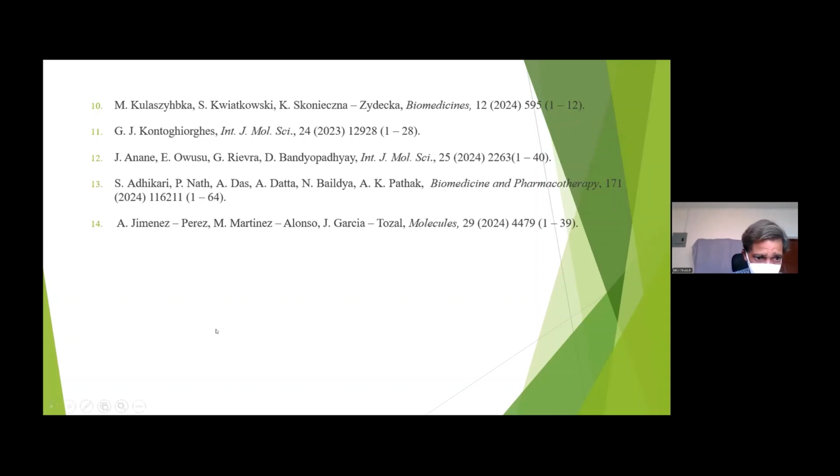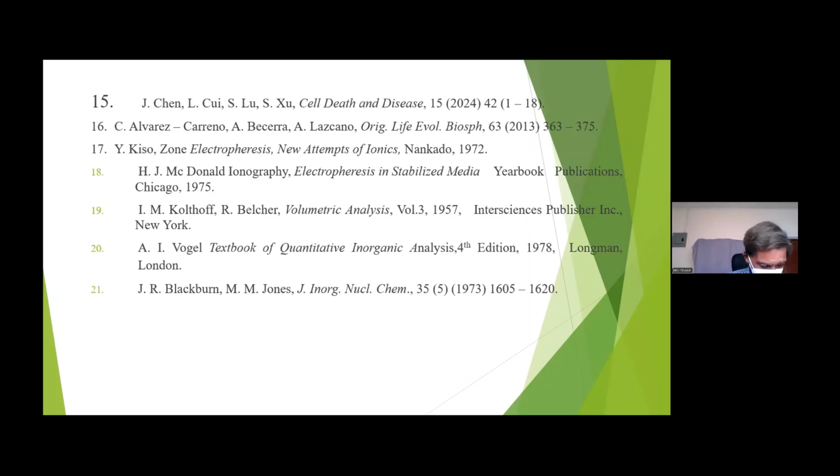Number 14, Jimenez Perez et al., Molecules 2024. Number 15, Chin et al., Cell Death and Disease 2024. Number 16, Alvarez Carino et al., Origins of Life and Evolution of Biospheres 2013.